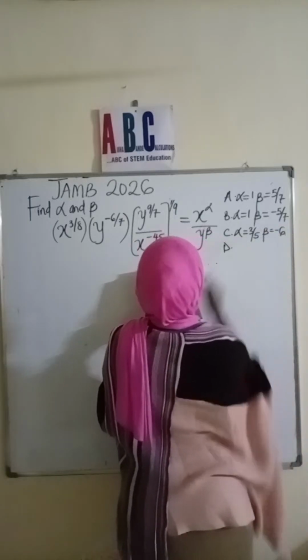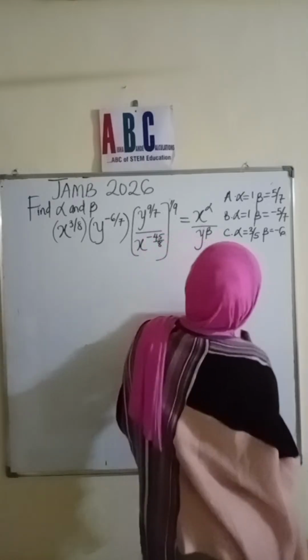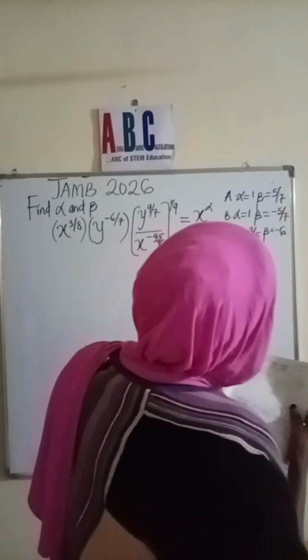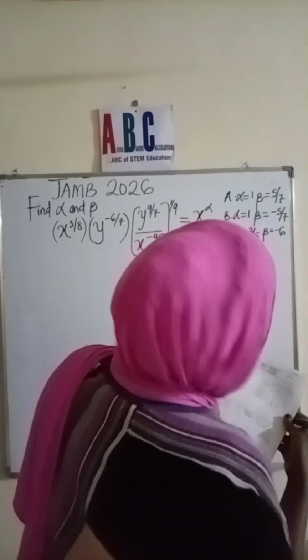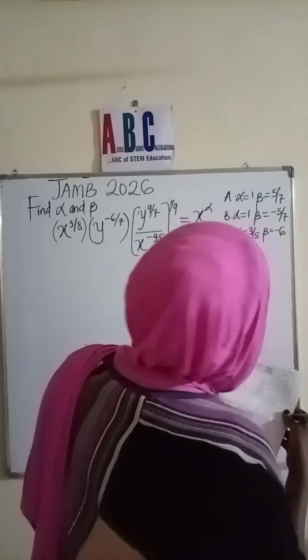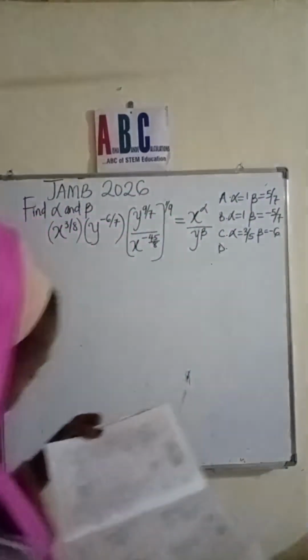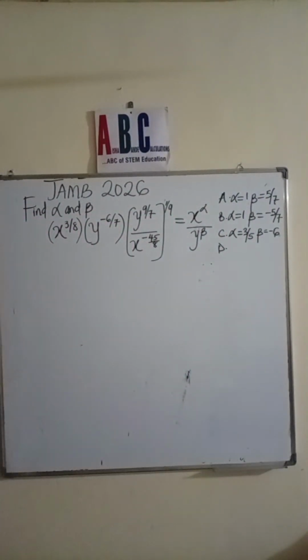Option D, where's option D? Let me see. I think option D was omitted here. Either it was omitted or it was just 3 options given. I have just 3 options here.